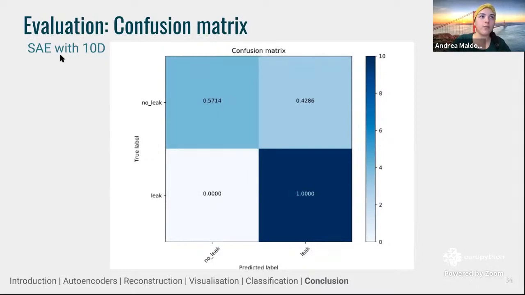If you compare it here to the simple autoencoder, you can see that there are still some cases where our model said there must be a water leak, where the true label says not so much. And this was about half of the cases for the simple autoencoder.